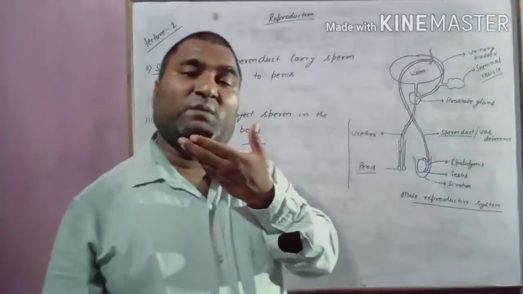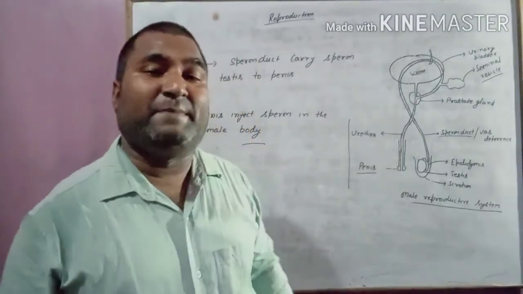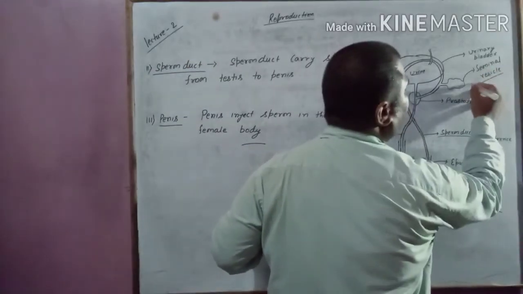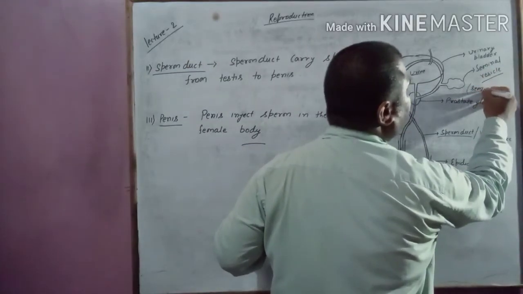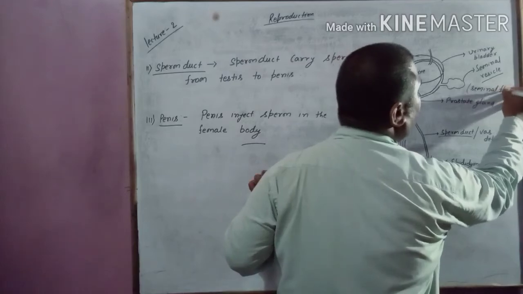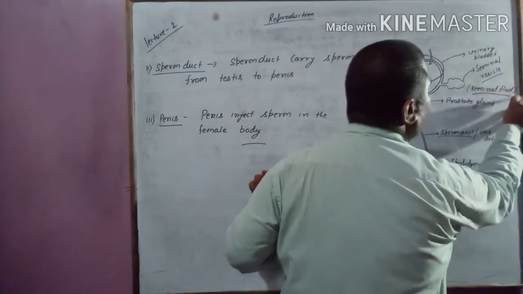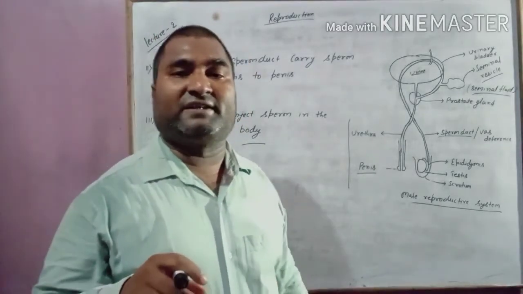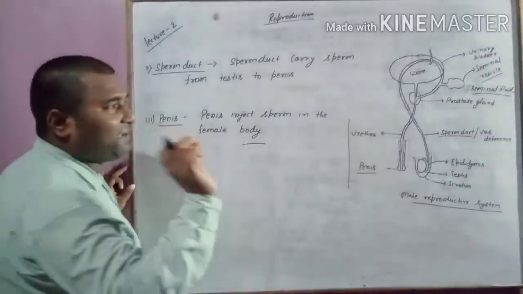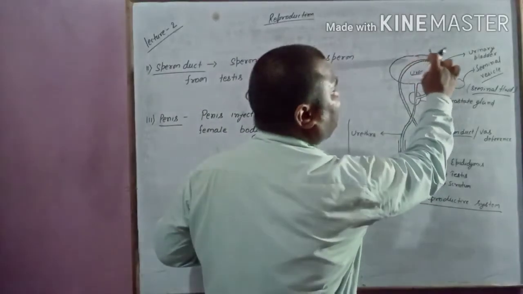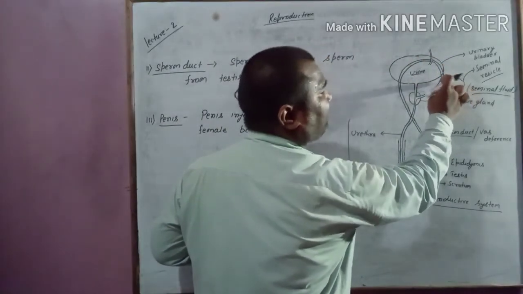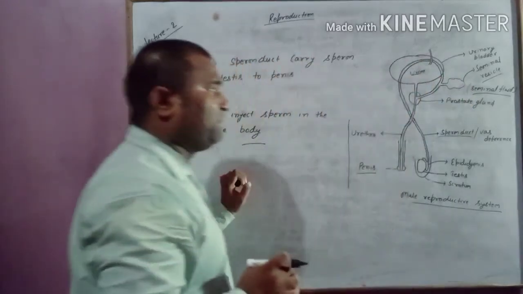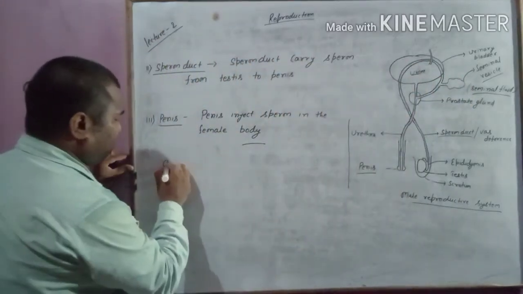See, in some books you may find the word semen. See, here this is the seminal vesicle. It releases seminal fluid. This seminal fluid, when mixed with the sperm, is called semen. So one thing I am adding here: while coming, the sperm is coming here, the seminal vesicle opens into the sperm duct, and seminal fluid mixes with the sperm, and it is called semen.